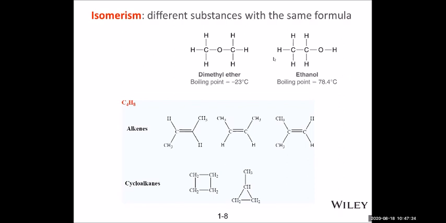And because of the difference in structure, the polarity of the molecule and the possibility of forming hydrogen bonding are hugely different. This compound will not form hydrogen bonding, but it is polar because this carbon-oxygen-carbon bond angle is about 109 degrees. It's bent.